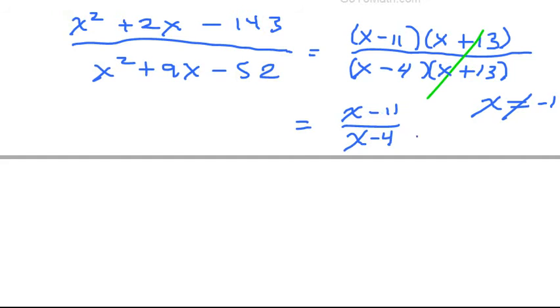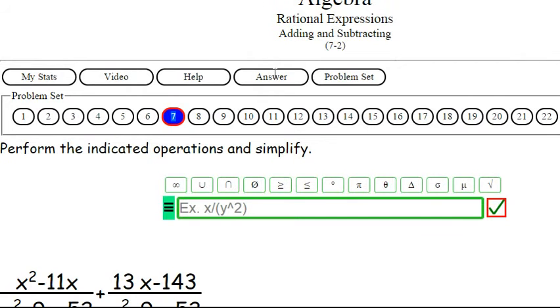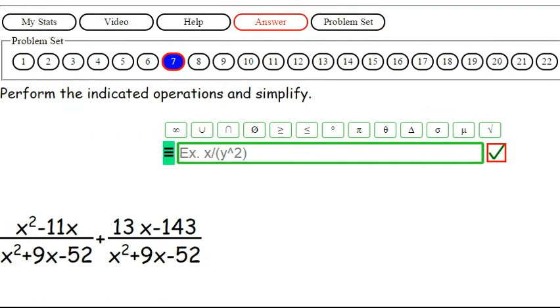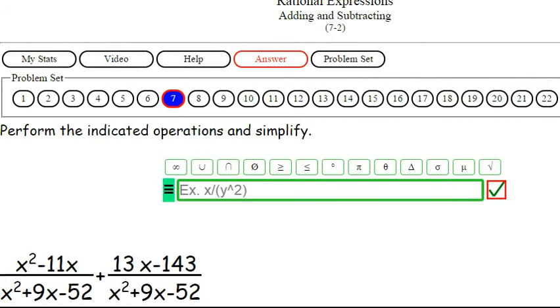So this would go with this over here. x cannot be equal to negative 13 if both of these are to be equal. Okay, x minus 11 over x minus 4. I think we spent enough time on that. x minus 11 over x minus 4. And of course, I don't state that right here, but you need to know.